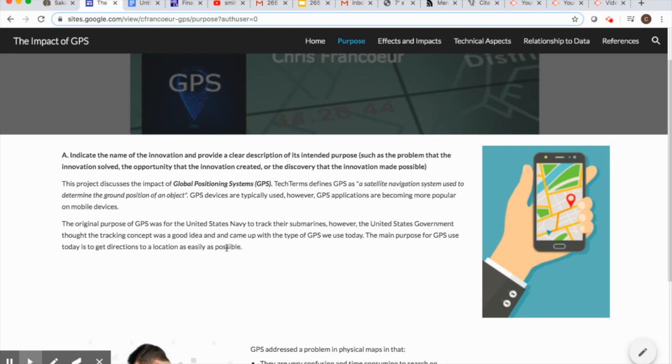However, the United States government thought that this tracking concept was a good idea, and they came up with the type of GPS that we use today, which the main purpose for the newer GPS is to get directions to a location as easy as possible. As you can see over here on the right, this is what a mobile phone GPS app would look like.